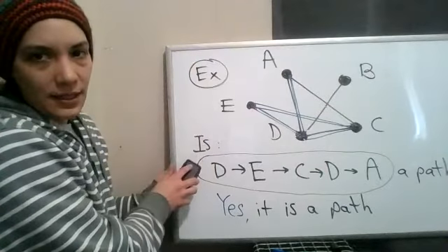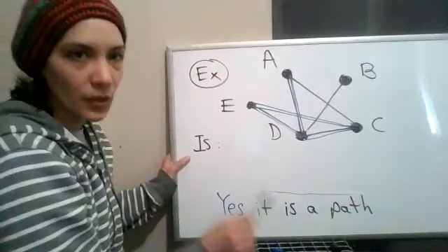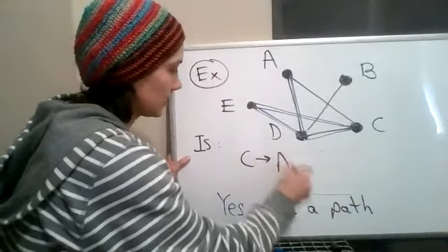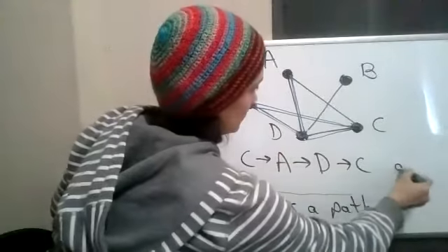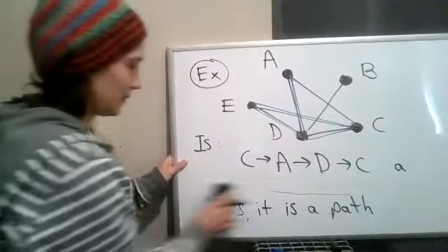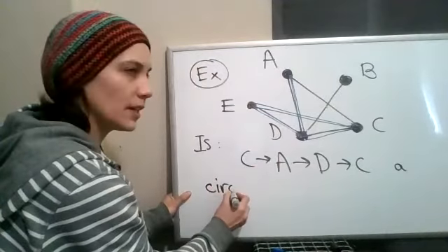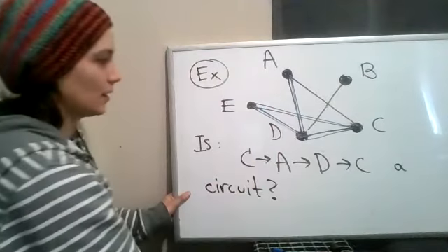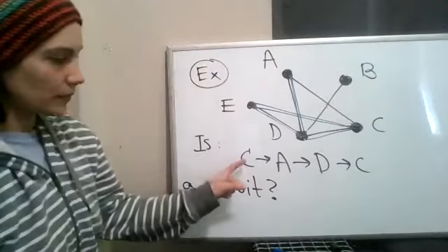Okay, so is the following sequence a circuit? We're going to go C, A, D, C. Circuit. Cool. Okay, let's see.